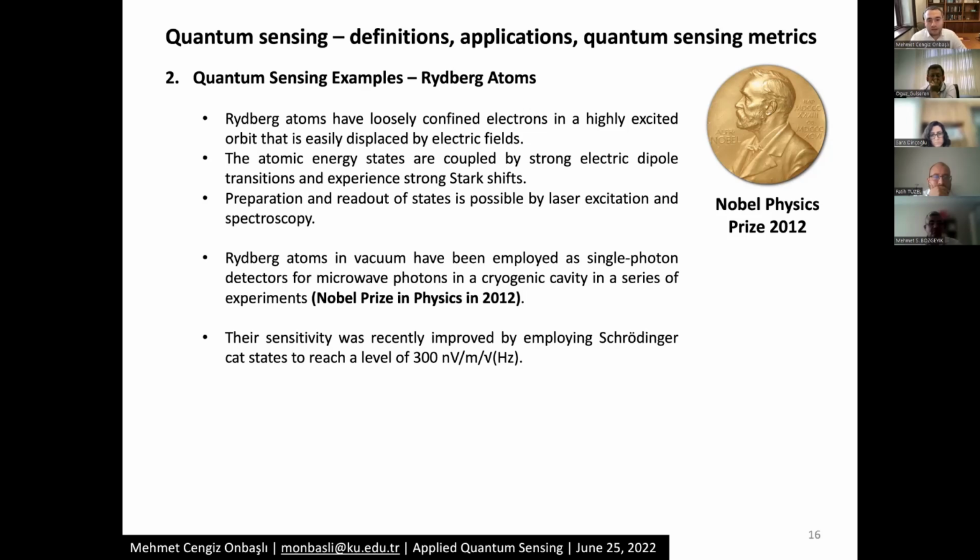The sensitivities can be as fine as 300 nanovolts per meter per square root hertz, and these can actually help us observe minute electric fields on the chip.